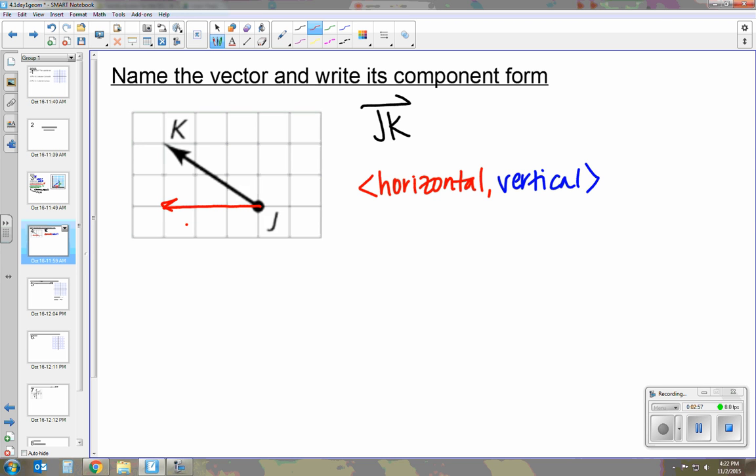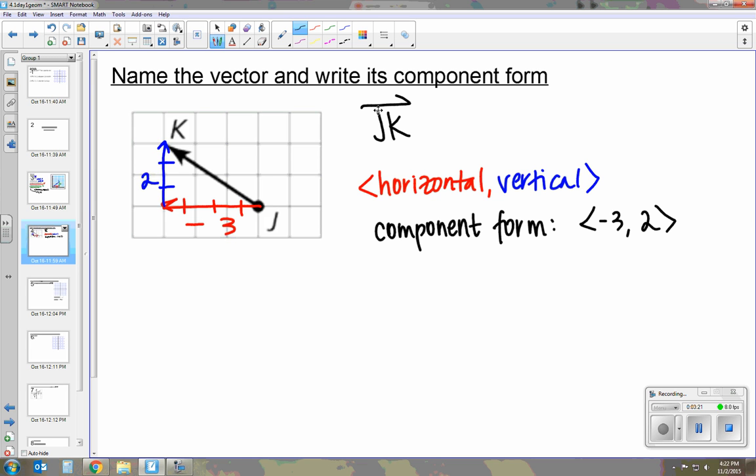That's going to be a negative amount, and that's 1, 2, 3. And then from J to K vertically, we're moving up 2 units, and so that's positive. So our component form is going to be -3, 2. That's saying to get from J to K, we moved 3 units to the left and 2 units up.